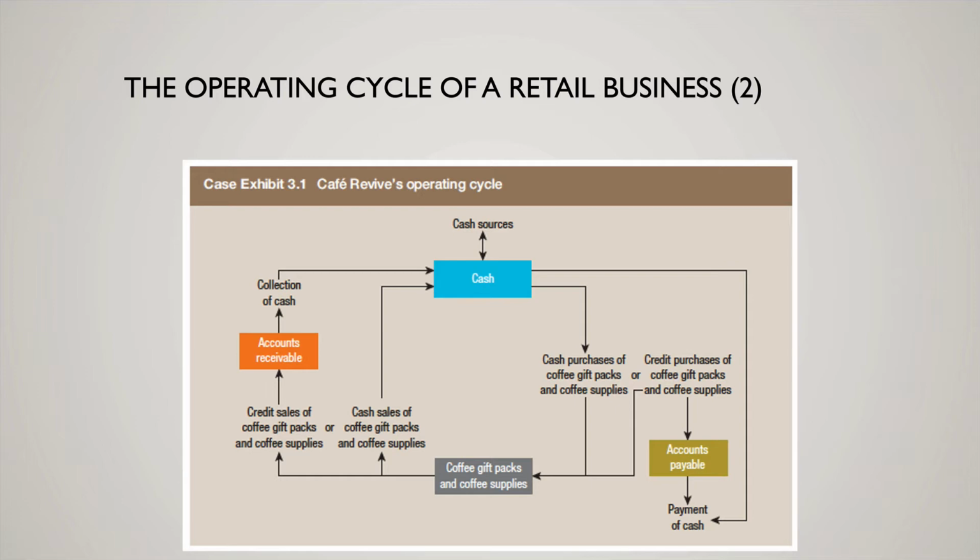Now cash flows out for actual cash payments to our suppliers for what it is that we're purchasing from them, or credit purchases from our suppliers that we eventually pay via accounts payable. Right? So this is the operating cycle for a retail business shown in graphic form.